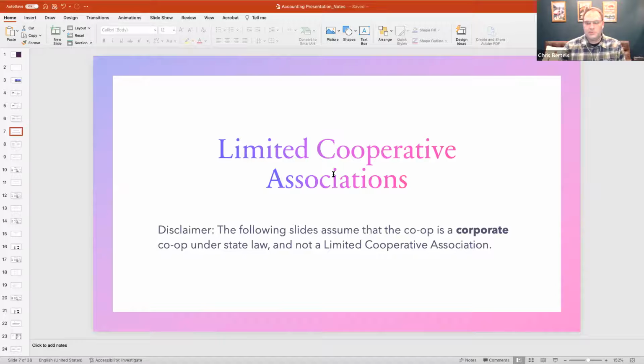Most of what follows is also going to apply to limited cooperative associations, but some of it will be different. I would anticipate that all of you or most of you are going to be what's known under Washington state law as a corporation, and a limited cooperative association is basically more like an LLC.